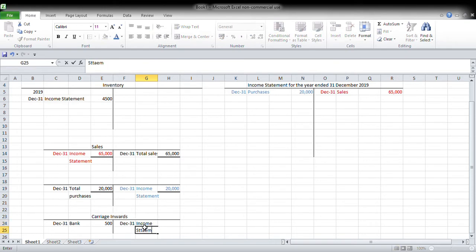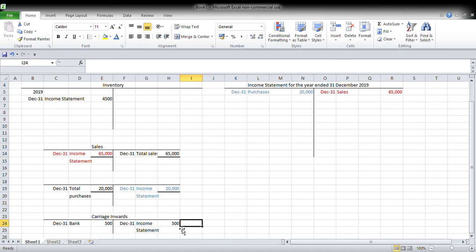So notice here, for all the figures that we transfer to income statement, we would do this entry, not balance carry down, balance brought down. We only do balance carry down, balance brought down for accounts that are shown in the statement of financial position. Those accounts would be your assets, liabilities, and capital accounts. So for those accounts, at the end of the year, you would have balance carry down, balance brought down.